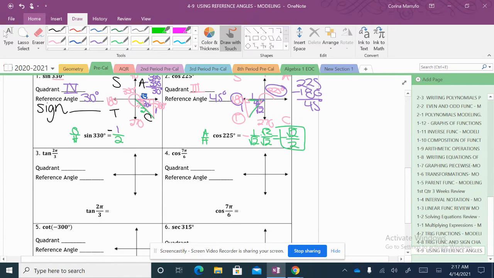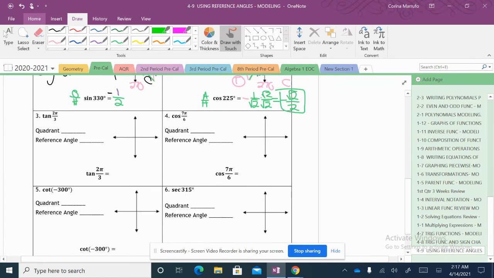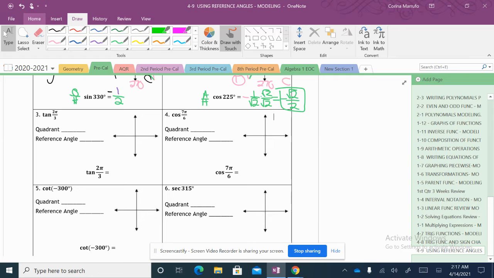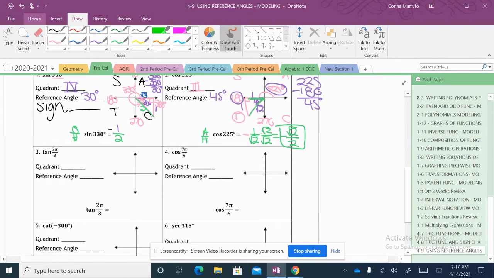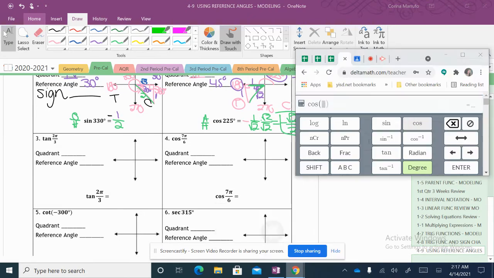Alrighty. The next one. Okay, so this is why you can't always use a calculator, just putting it out there. But here, if we were to put cosine of 225 degrees, it gives me negative 0.707.